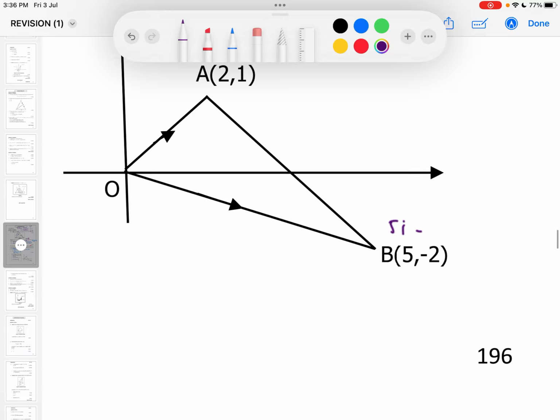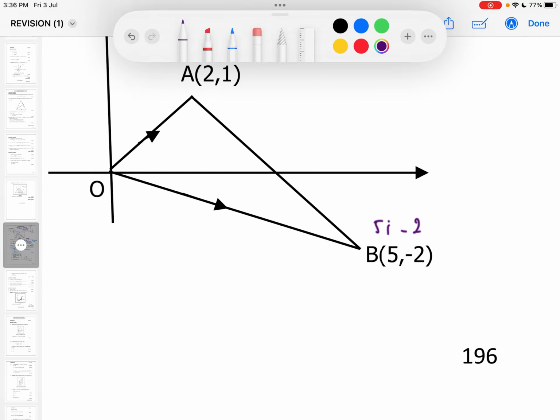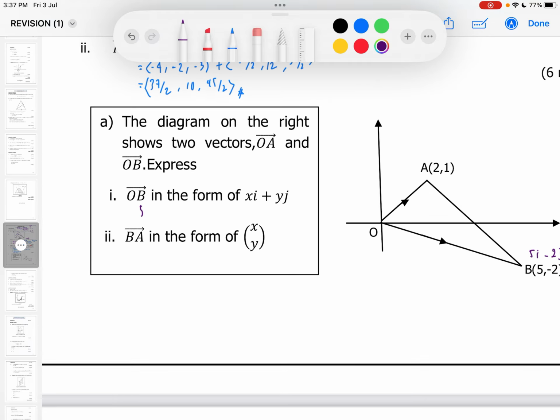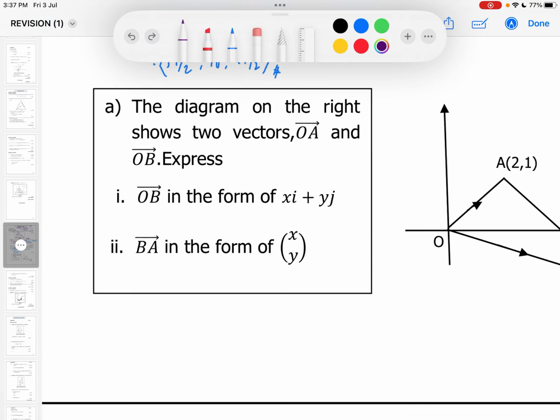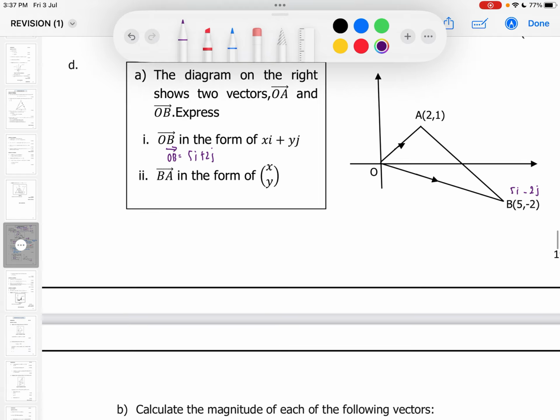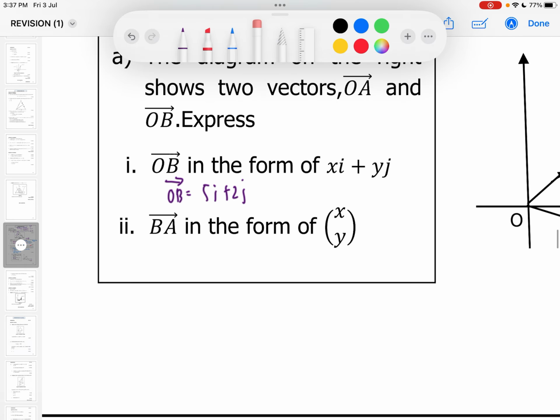It's going to be 5i minus 2j. So yeah, that is the answer. Wait, gotta write it properly. OB equals to 5i plus 2j. Oh, sorry, minus 2j.